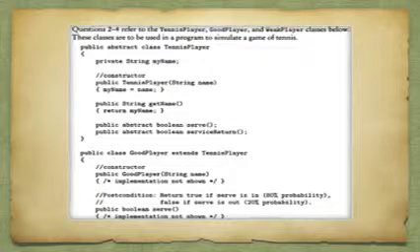Okay, let's read the classes line by line. First, we know that the tennis player class is a public class, but also it is an abstract class, which means that we might need to extend this class for fulfilling some functions, some methods which might be abstract and have not been implemented so far.